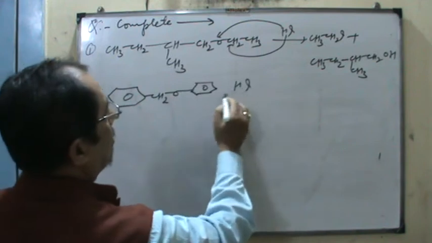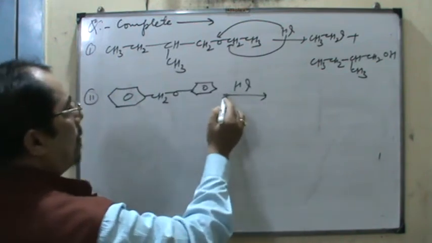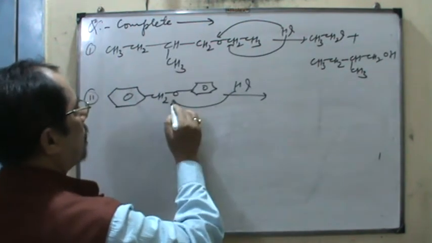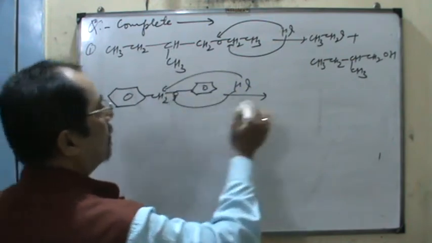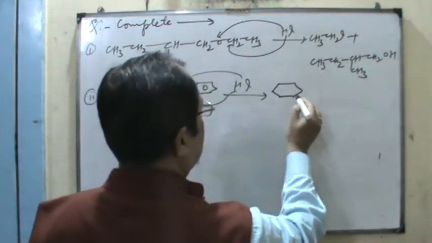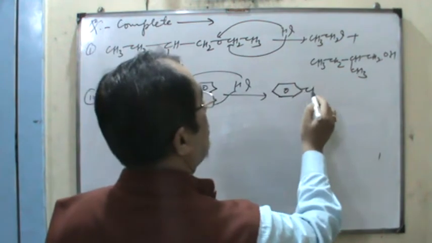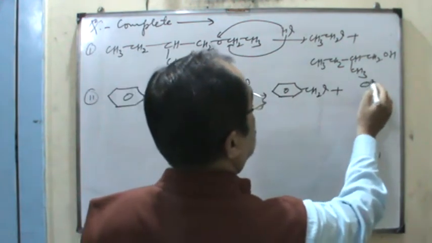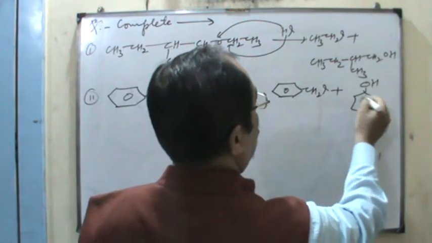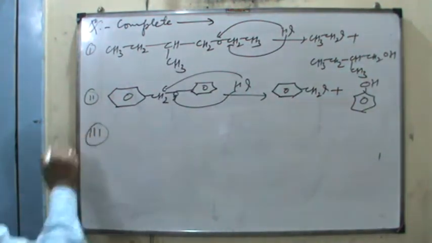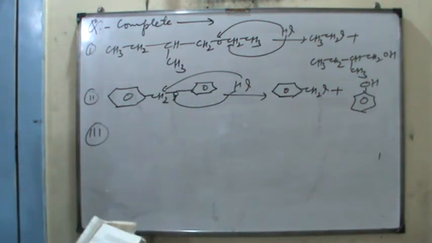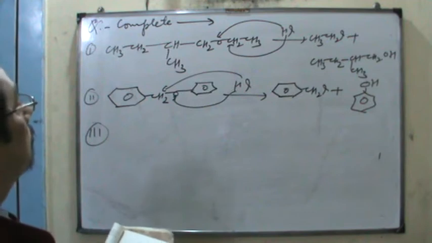So HI is added here. This H will be there and iodide will be here. This is benzyl iodide plus, what is that? Phenol is formed.